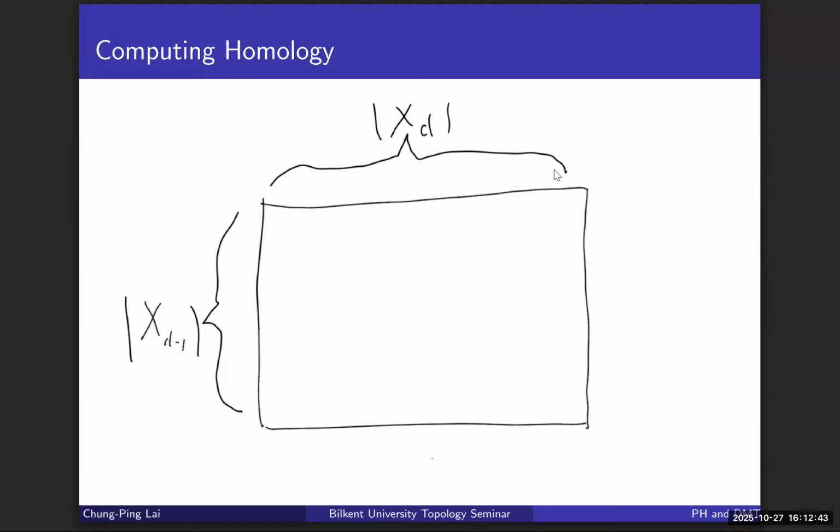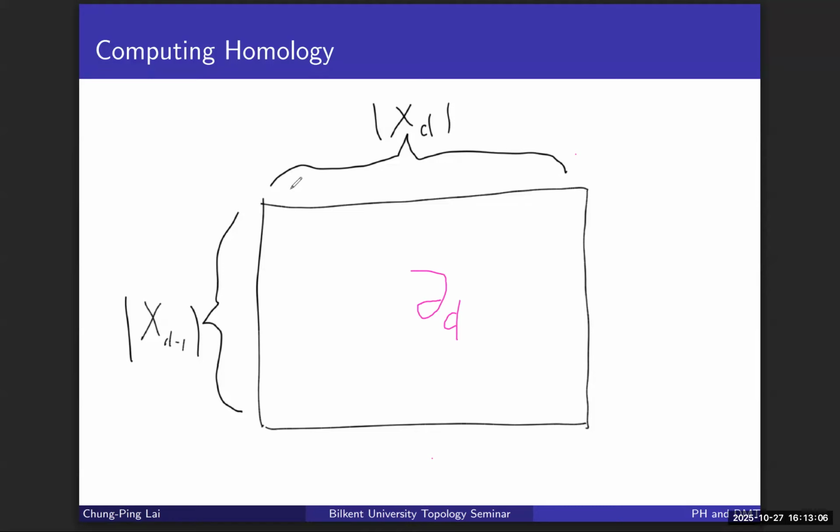When you compute homology, what you tell the computer to do is construct a matrix, the D boundary matrix.